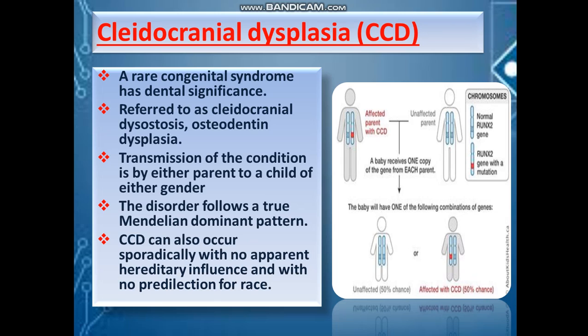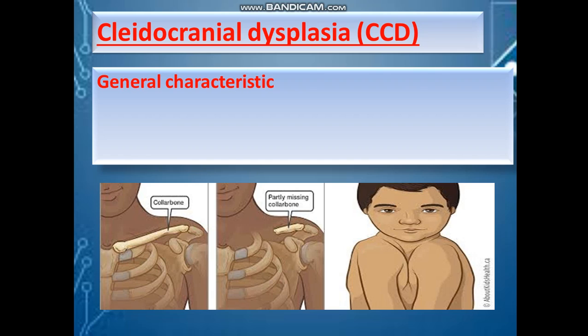Cleidocranial dysplasia can also occur sporadically with no apparent hereditary influence and with no predilection for race. General characteristics: individuals with cleidocranial dysplasia usually have underdeveloped or absent collar bones, also called clavicles.